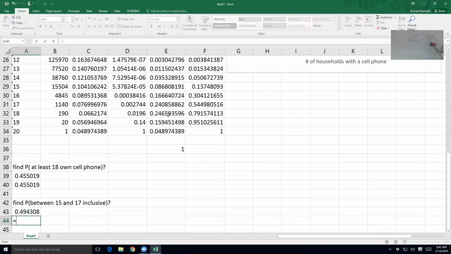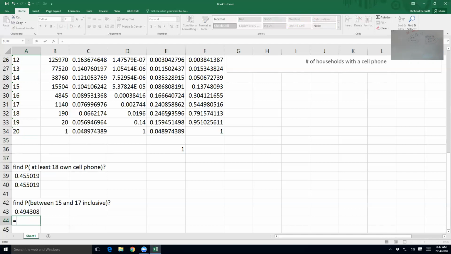So is this 15 or 14? It's 14 because we want to include 15. If I put a 15 here, it doesn't include 15. So if we take those two probabilities, we can use the cumulative distribution function if we're using Excel.